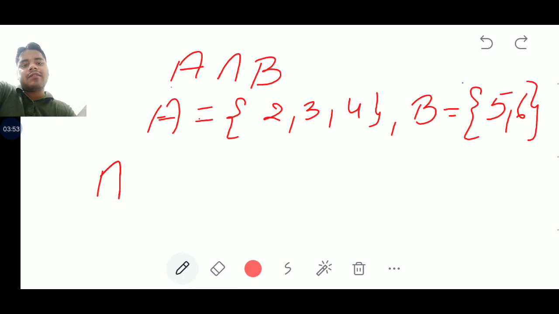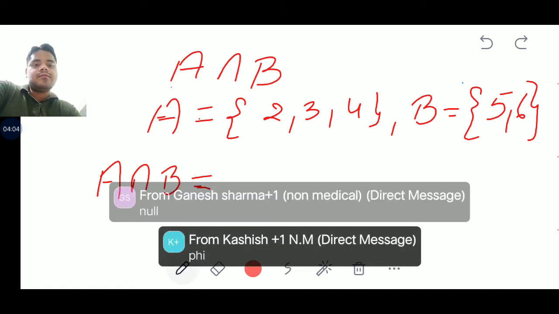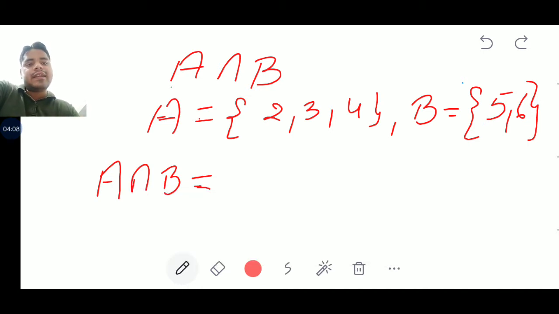Can you tell me what is the value of A intersection B? Yes, very good. Null set, phi set. You can write it like this.